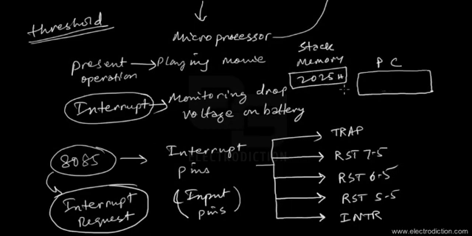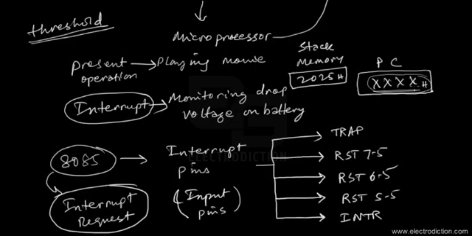Then the 8085 loads the program counter register with some different memory location. I don't know what it could be, let's just take it as XXXXH. This is a fictitious memory address that I'm giving as an example. It loads this address into the program counter register and transfers the program control there.